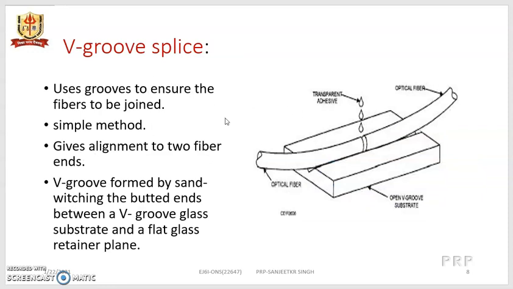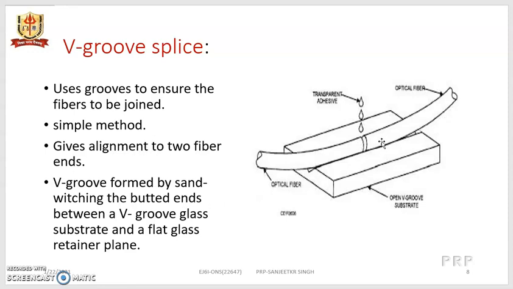Now here we have the V groove splicing. Here we can see there is a V cut on a substrate. It uses grooves to ensure the fibers to be joined come face to face, aligned in a straight line, and it is a very simple and less costly method, and it gives alignment to the two fiber ends, with the V groove formed by sandwiching the butted ends.